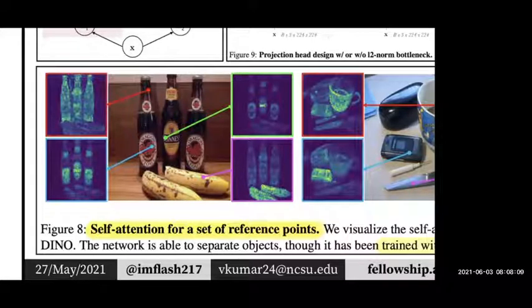I'm assuming that you're aware of the transformers because I think the initial two reading groups did cover that in depth. So suppose you input this image to a network such as ViT or ResNet, then you can understand from these four images shown here the attention weights of the last layer of the transformer architecture on this image.